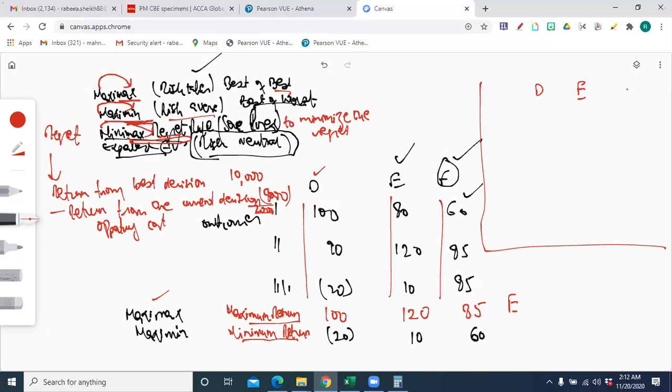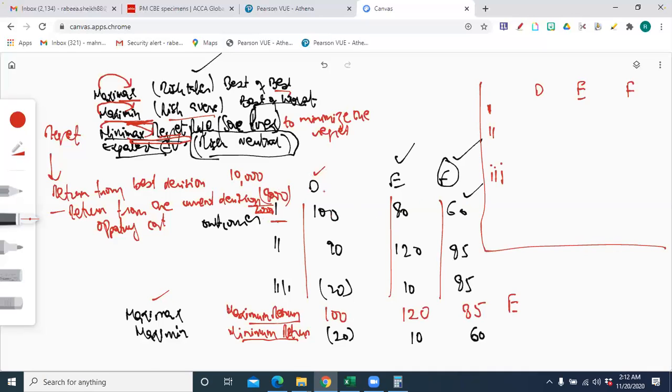Projects D, E, and F, scenarios 1, 2, and 3. Now you would see that for scenario 1, out of all three projects, he thinks he should have earned 100.